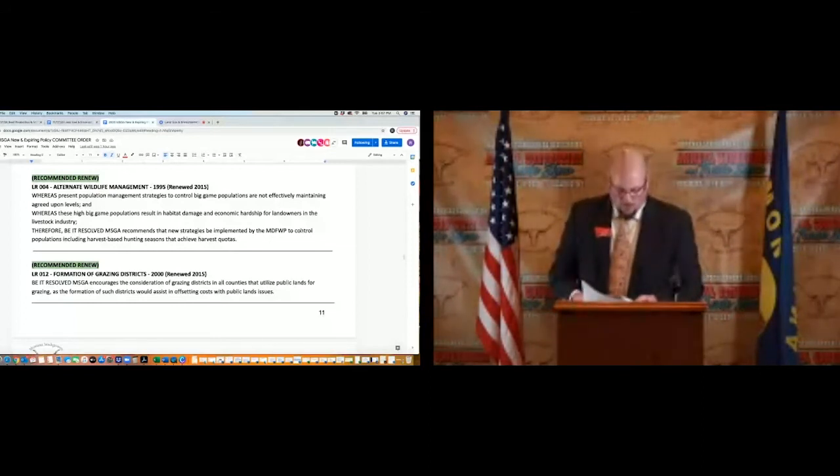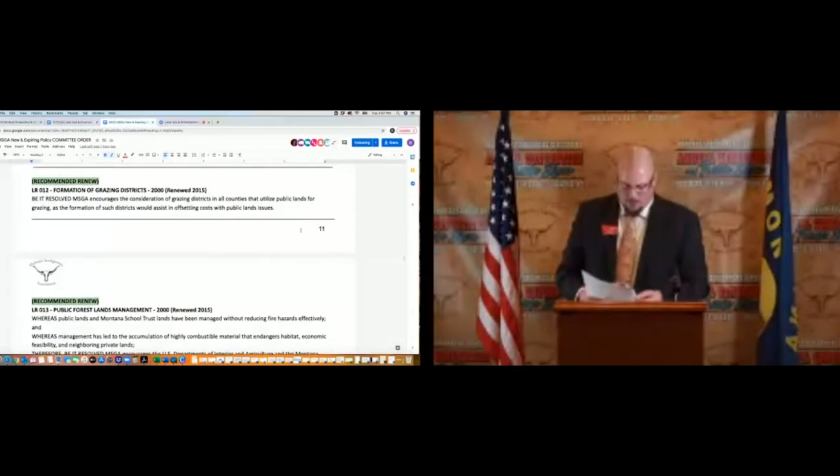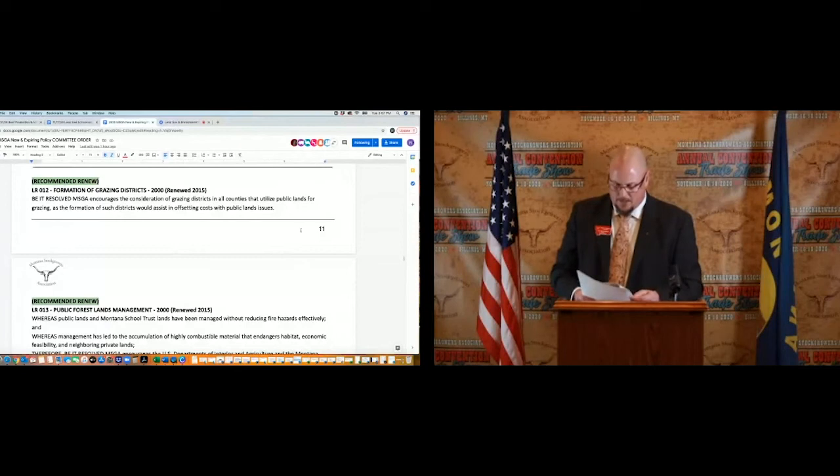LR 012, formation of grazing districts. Be it resolved, MSGA encourages the consideration of grazing districts in all counties that utilize public lands for grazing, as the formation of such districts would assist in offsetting costs with public land issues. Third, LR 013, public forest land management.